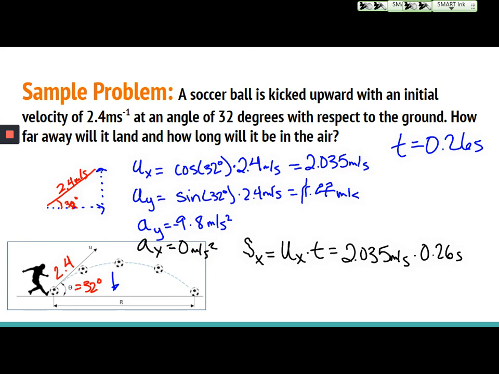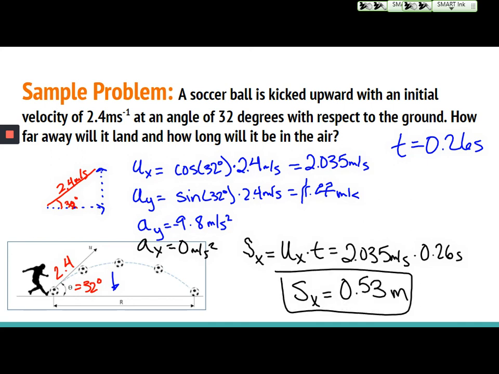The more you practice this, again, don't delete things from your calculator, the better you're going to be at this. So my final distance in the horizontal is going to be 0.53 meters. So those would be the two answers to your problem.